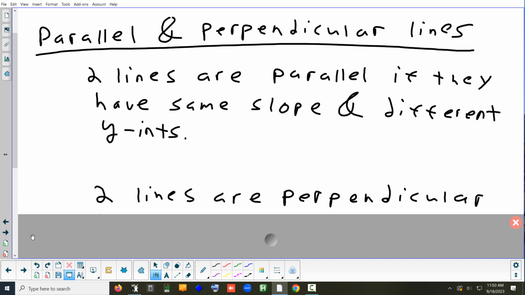Perpendicular, it's a little different. Does anyone remember if two lines are perpendicular, what the connection is between their slopes? Aaron? Reversed. What do you mean reversed? Like they're the opposite of each other. Like the numerator is negative in one, the numerator is positive in the other. But they're the same numbers, same absolute values. Okay, I agree that they are opposites. One of them is a positive, one of them is a negative. But there's actually another piece to it.